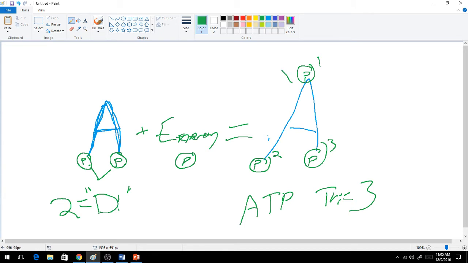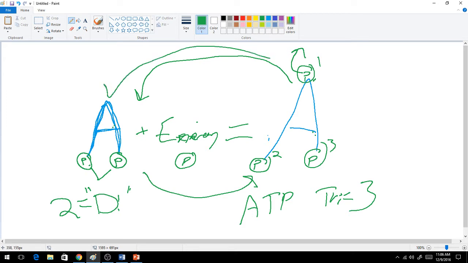And this is a reversible reaction. ADP plus energy equals ATP. If you want, you can shed that phosphate, which takes energy with it, and it reverts back to ADP.